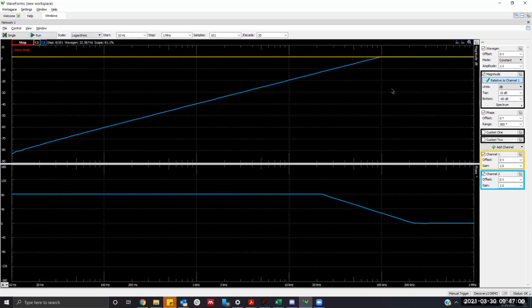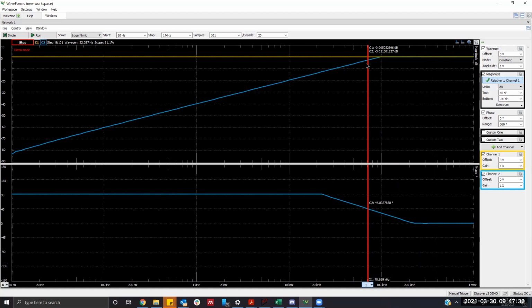Now, if you wanted to measure the 3 dB frequency, all you have to do is add a cursor and move this cursor around. The flat band gain, or the passband gain, here is 0 dB. So to find the 3 dB frequency, you go down here, and C2 is negative 3.02 dB.